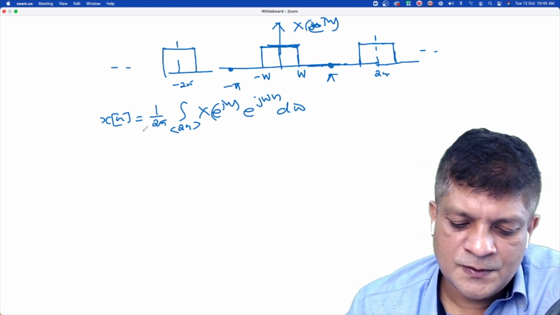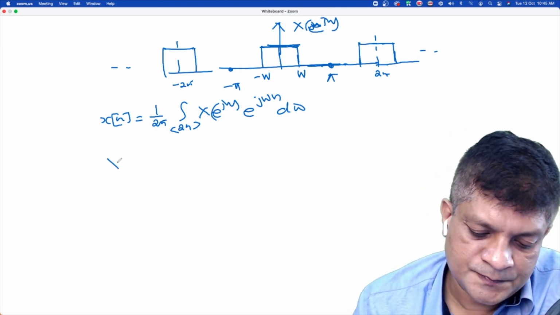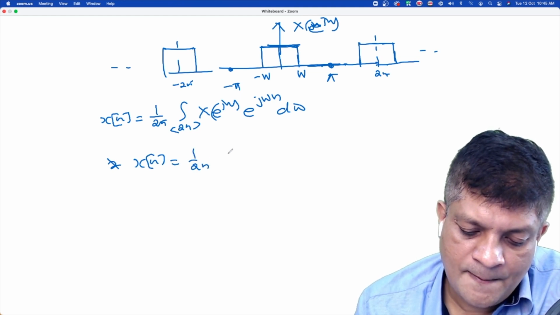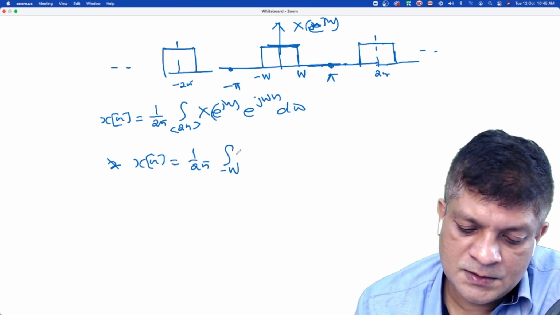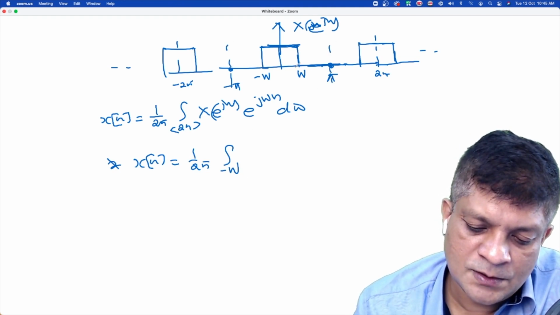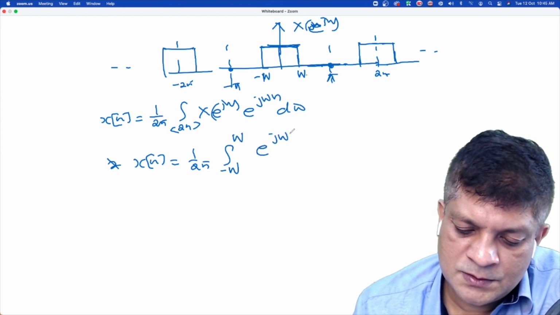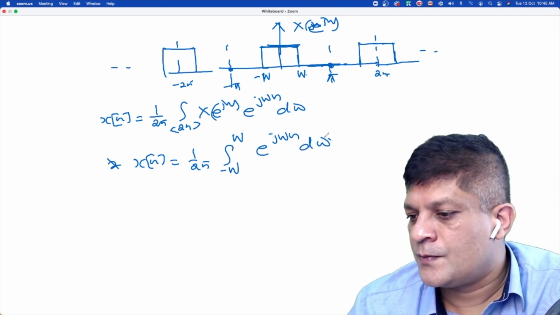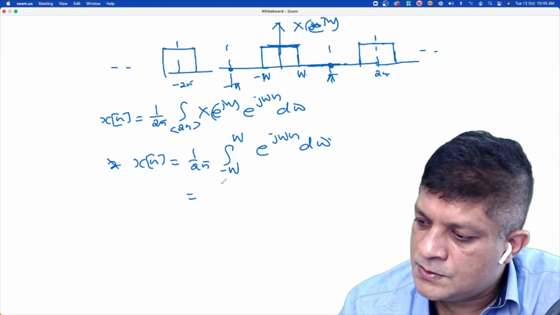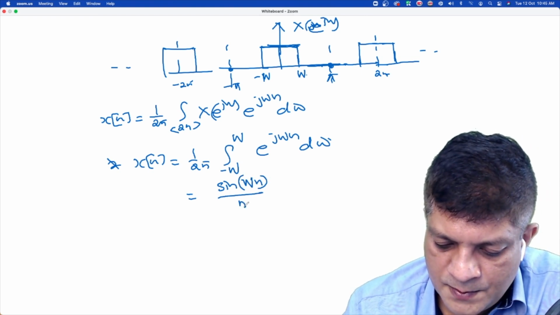In this particular case, x[n] is 1 upon 2 pi integral from minus W to W, since over one period from minus pi to pi it is non-zero only in this interval, of e to the power j omega n d omega. If you do this integration, you will get sine W n by pi n.